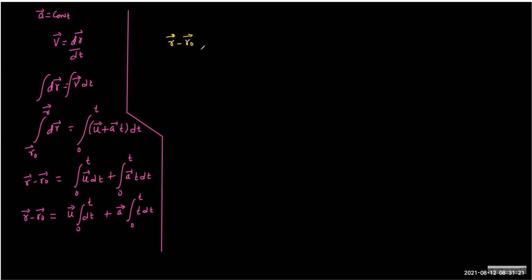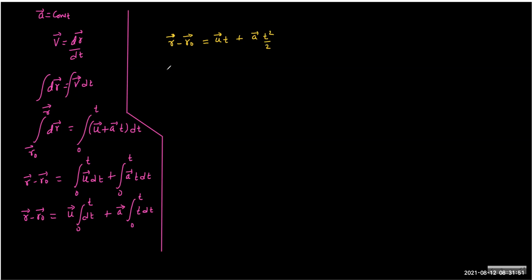You first have to expand everything, check the validity of the expression, check whether we can apply this or not, and then reconvert into vector symbol. First you convert vector into scalar, and then from there you go back to vector. Anyway, r minus r naught is ut plus a vector into t square by 2, is the integration.